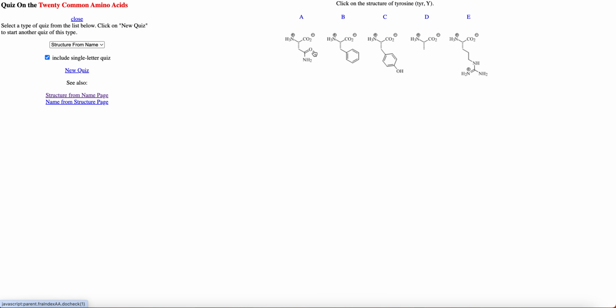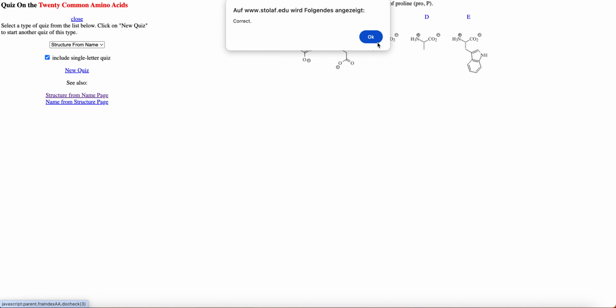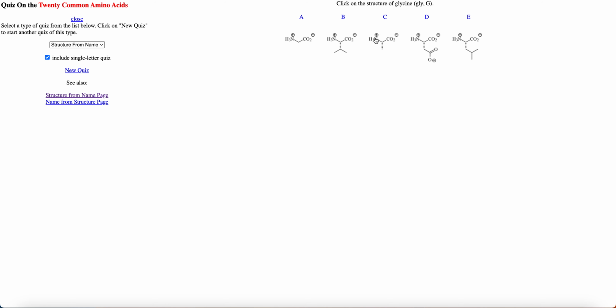What is the structure? Tyrosine is this. Threonine is this. Proline is this. Glycine is this. Tryptophan, I think tryptophan is this.